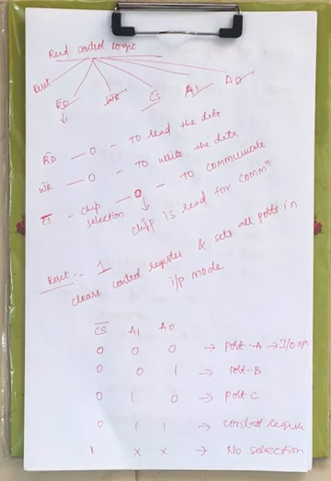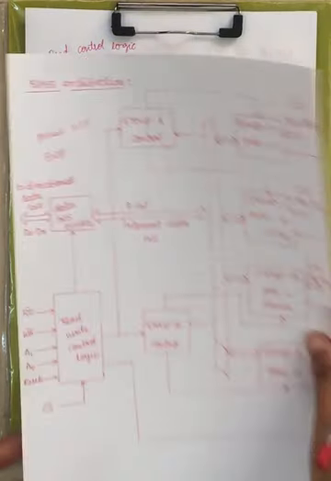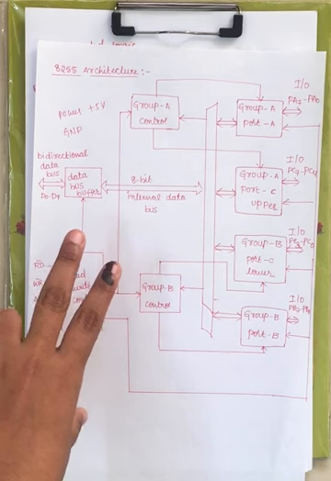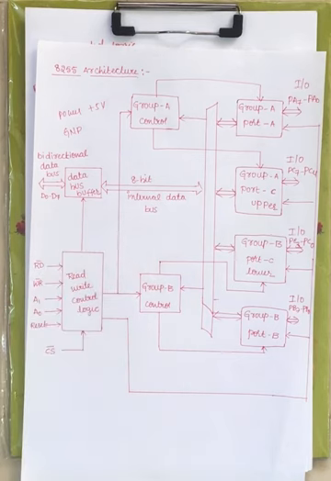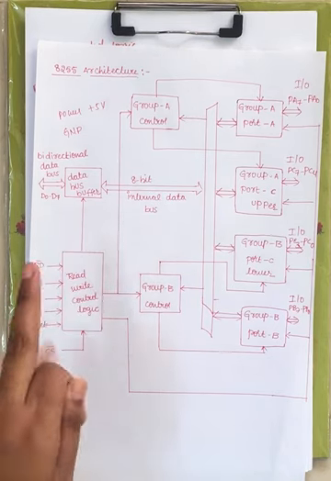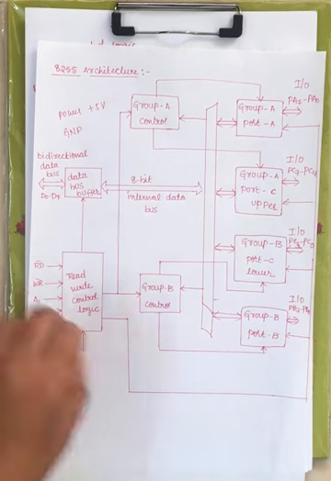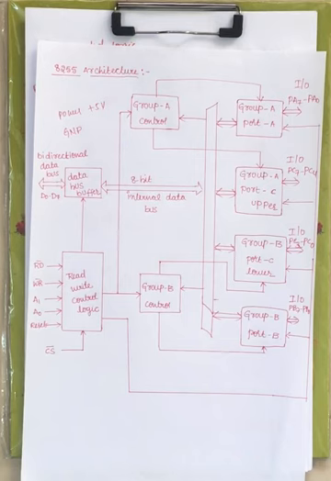Now this is the architecture of 8255. Let me briefly explain it again. It has an 8-bit data bus, and using that data bus it can read 8-bit data or write 8-bit data.